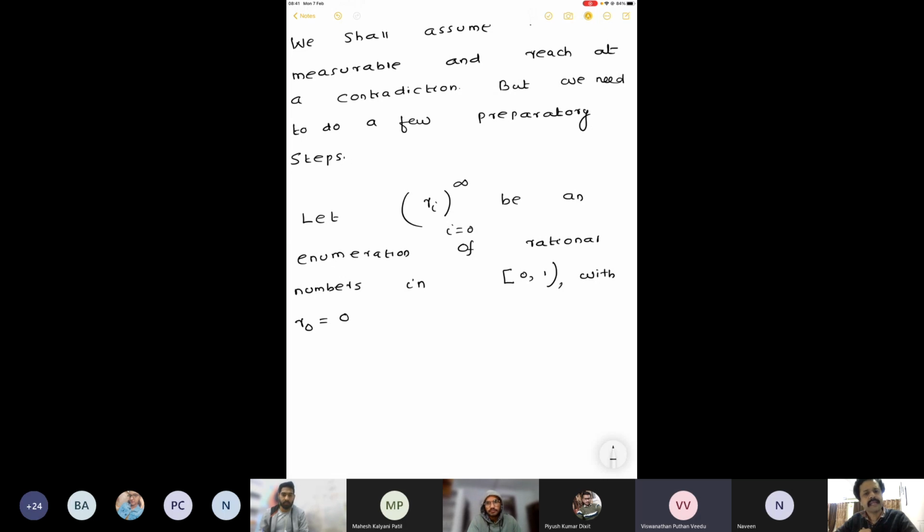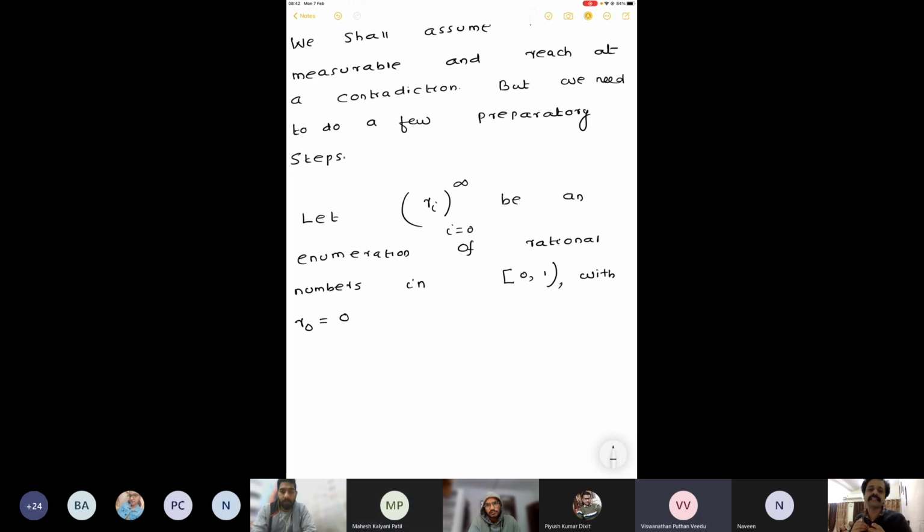It is an enumeration. But though it is not relevant to what we want to do, can you list the rational numbers in increasing order? r_0 less than r_1 less than r_2 less than r_3, and so on. Can you do that? You cannot, because between any two rational numbers there exists another rational number.